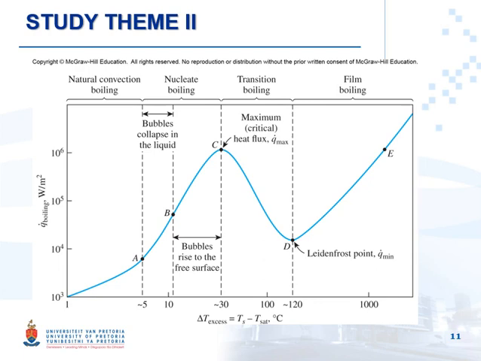For example, for delta T excess of 0 or 1, when the surface temperature is equal to T sat, nothing is going to happen. But when we are increasing the temperature from 1 to 5, like the surface temperature is 1, 2, 3 to 5 degrees higher than saturation temperature of the liquid.